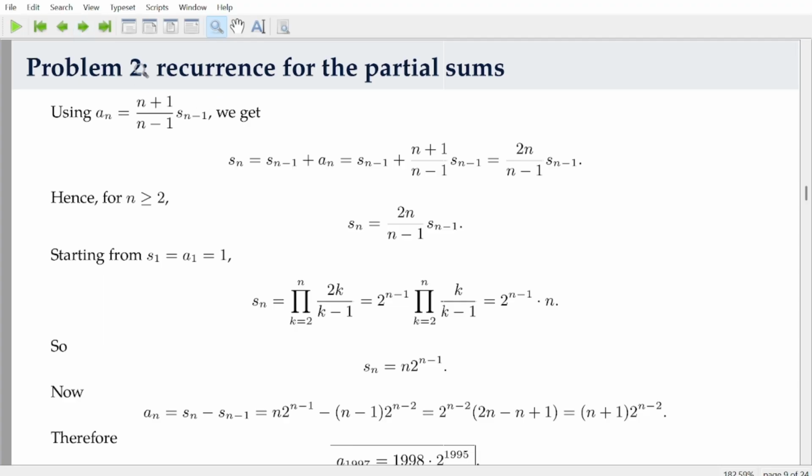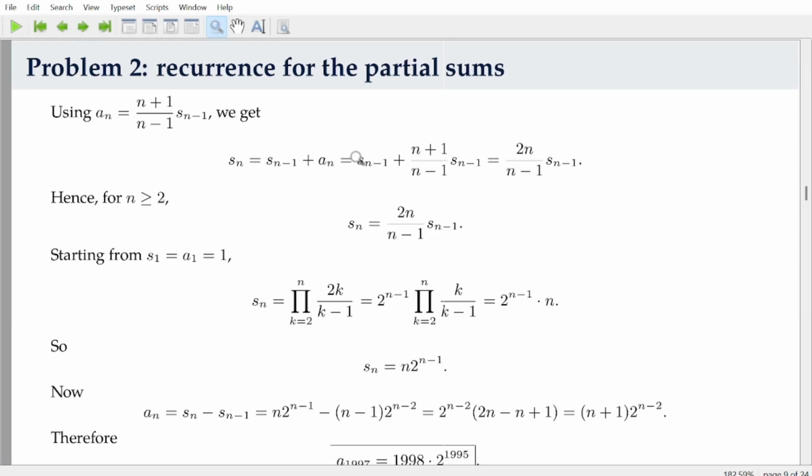So now that we've transformed our sequence, the nth term of our sequence a sub n is given by n plus 1 divided by n minus 1 times s sub n minus 1, and we know that s sub n is equal to s sub n minus 1 plus a sub n. Then we can just replace a sub n with this thing here, which is n plus 1 divided by n minus 1 times s sub n minus 1.